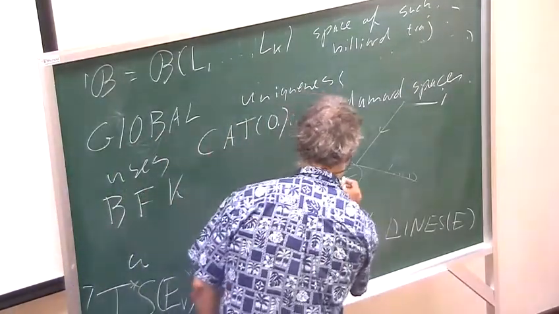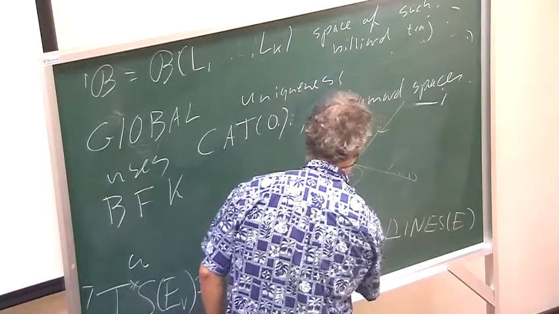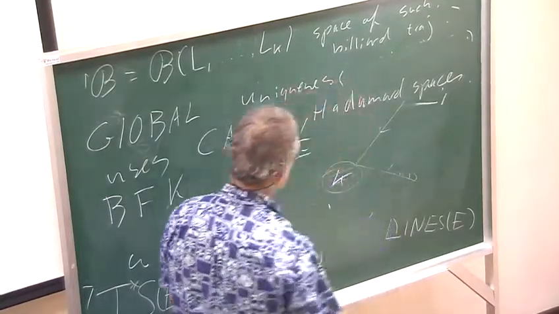So here's a convex body K, and you can think of this as the plane E if you want.